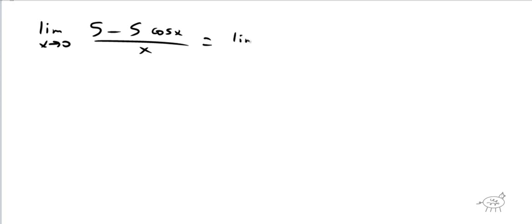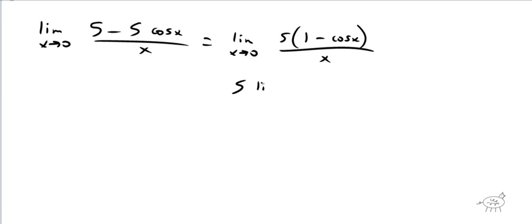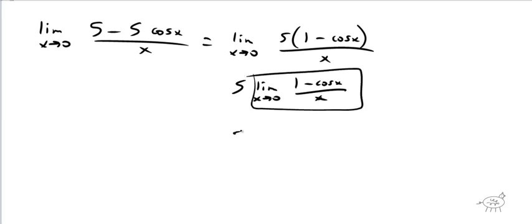You can even see it's the limit as x approaches 0. I can factor 5 out of here. So 1 minus cosine of x over x. So truly, it's 5 times the limit as x approaches 0 of 1 minus cosine of x over x. And what is this limit? What we learned, it's 0. So 5 times 0 is 0.